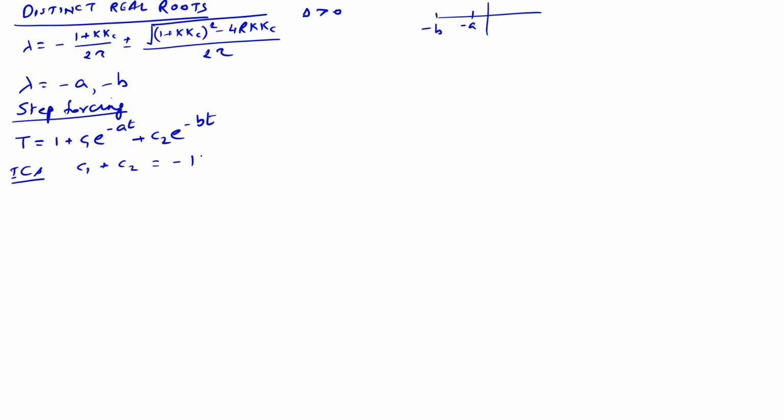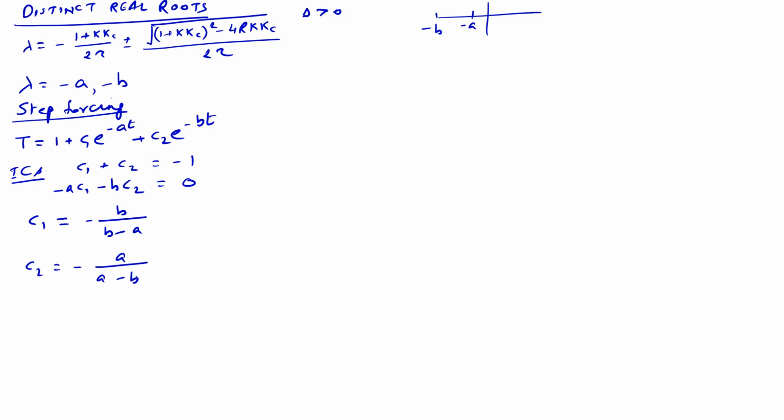At time t equal to 0, the temperature deviation is 0, and the rate of change of temperature is 0. So rate of change will be minus a times c1 minus b times c2. This should be equal to 0, and this gives c1 equal to minus b divided by b minus a, and c2 equal to minus a divided by a minus b.